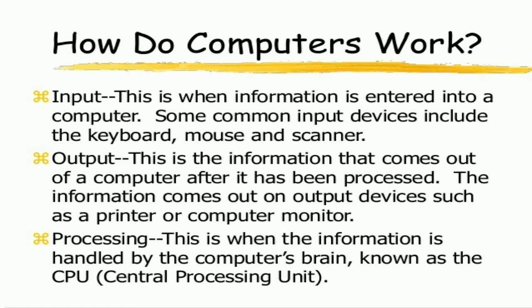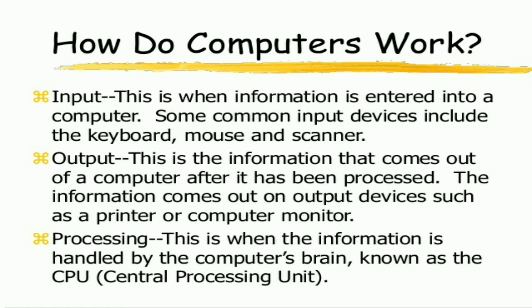So an input device is when information is entered into a computer, and an output device is when information comes out from the computer. Now processing. This is when the information is handled by the computer's brain, known as the CPU.